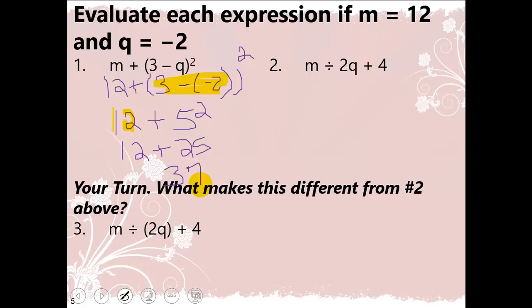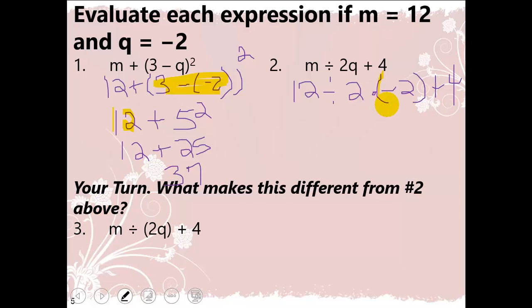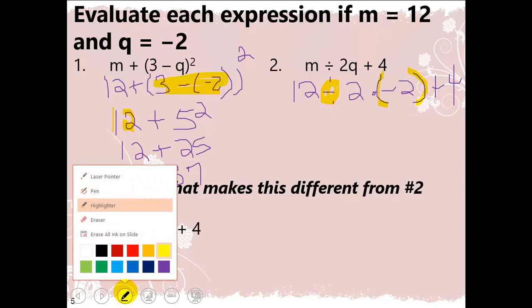Okay? Number 2 is 12 divided by 2 times negative 2 plus 4. Notice that this negative 2, the parentheses here, are not around both 2's. It's just around that negative 2. So I have to do the division first. Okay?